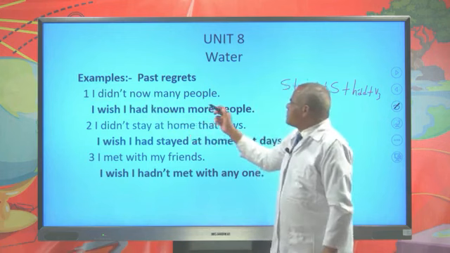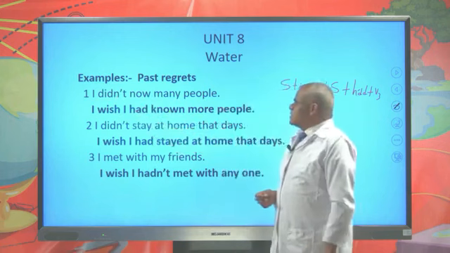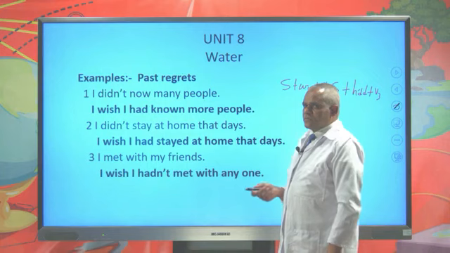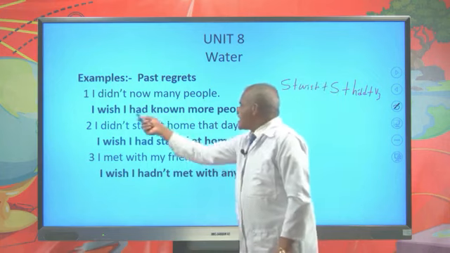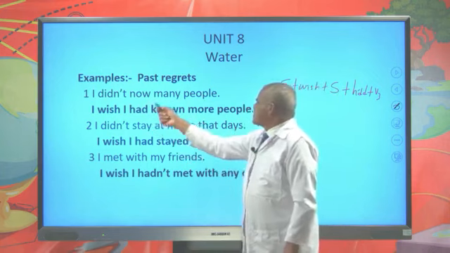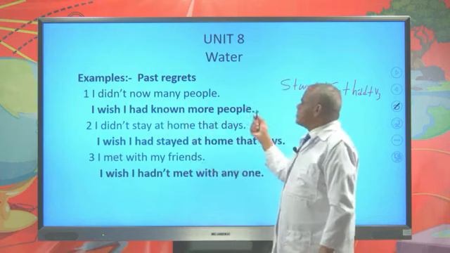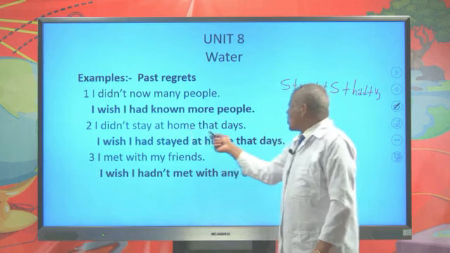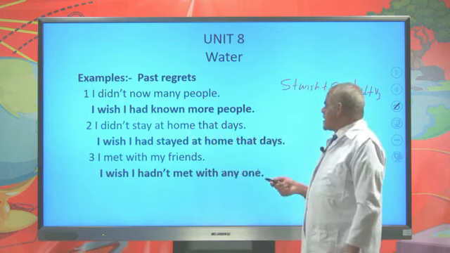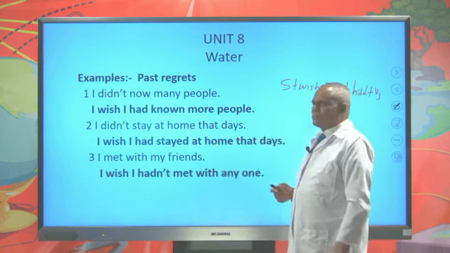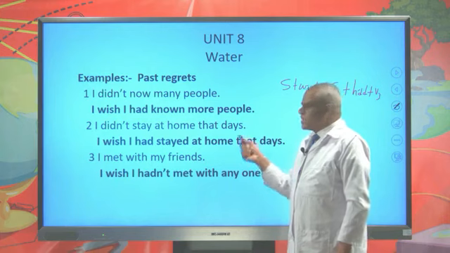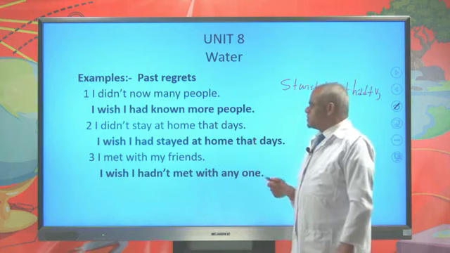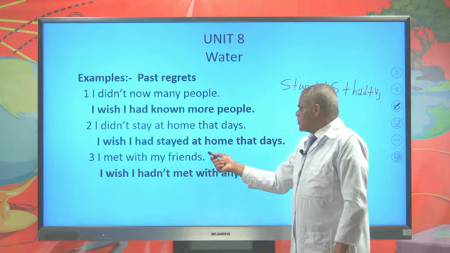Let's take a sample example. "I didn't know many people." This is simple past tense. In the case of regret: "I wish I had known more people." Same is true: "I didn't stay at home those days. I wish I had stayed at home those days." I use the same sentences, but with different contexts. "I met with my friends.